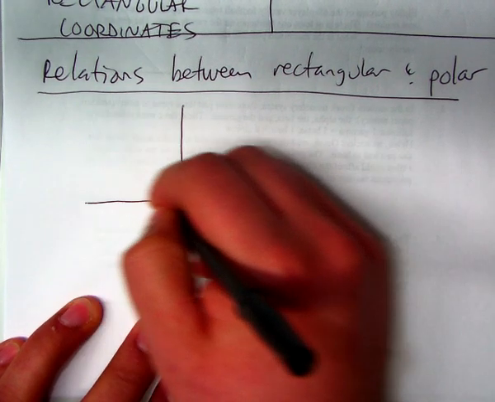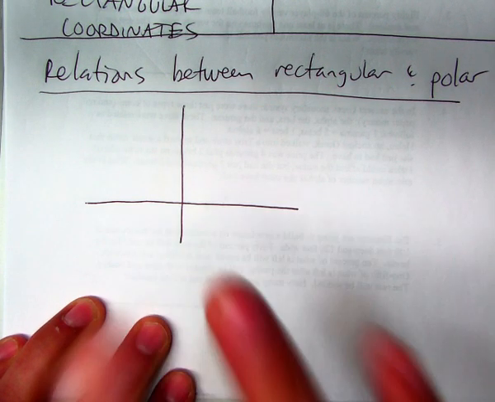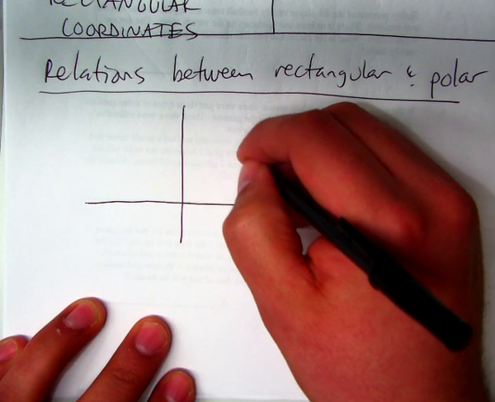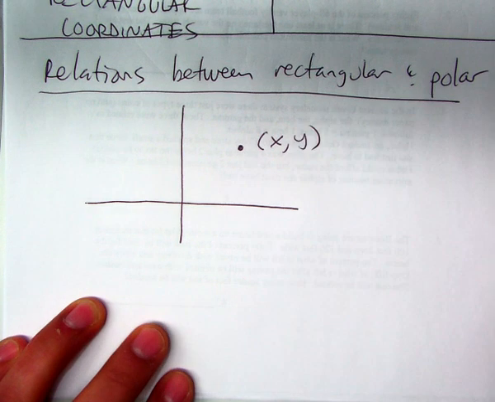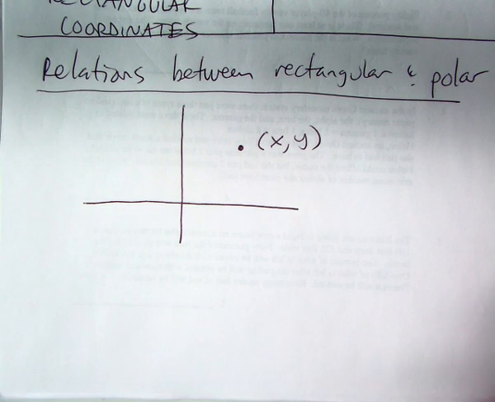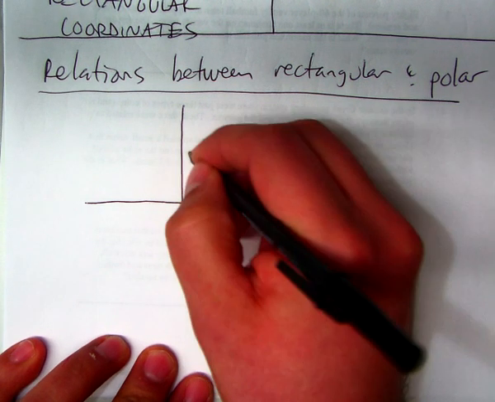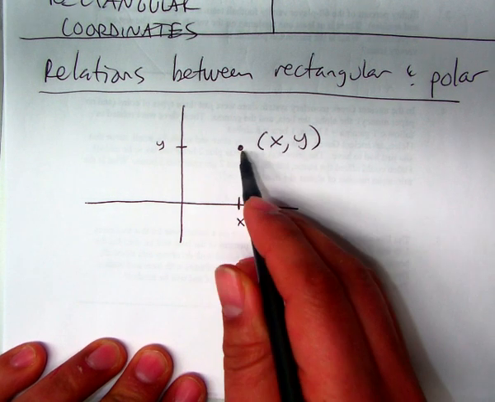We're going to imagine an XY plane, but also right on top of that, polar. So what I'd like for you guys to do is put a point at x comma y. Obviously that means we can go right x, up y, and that's where our point is.